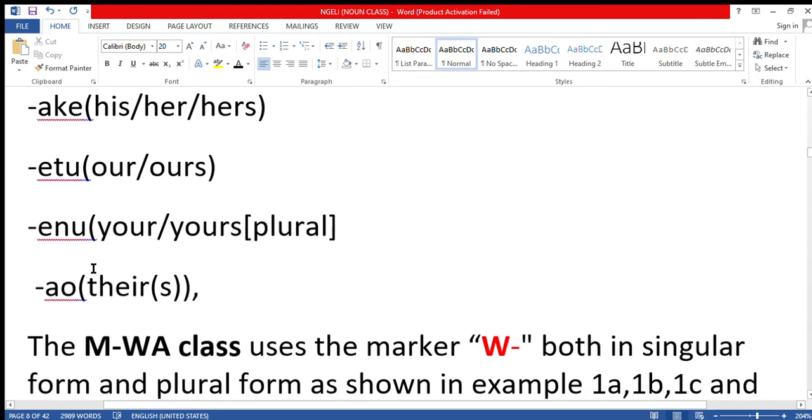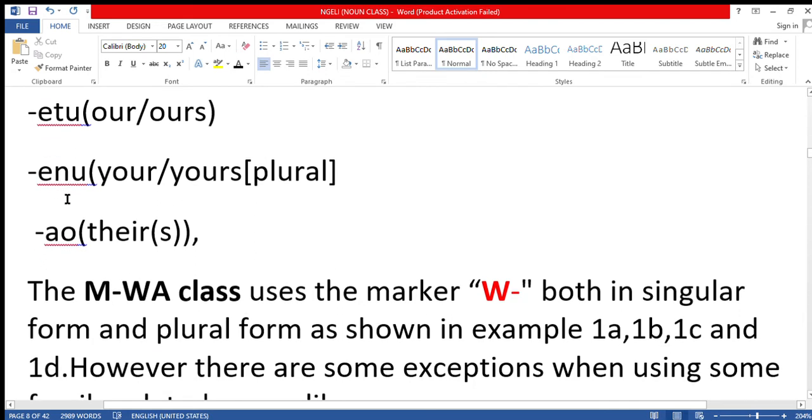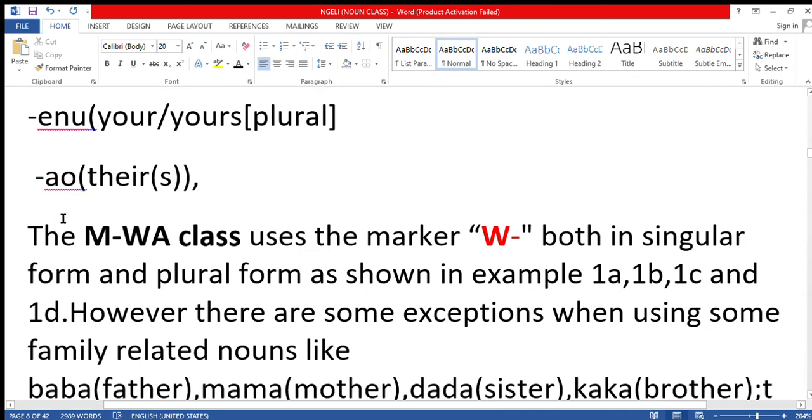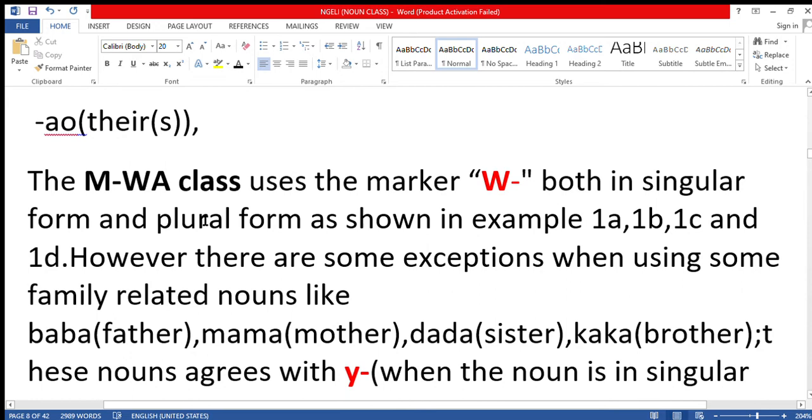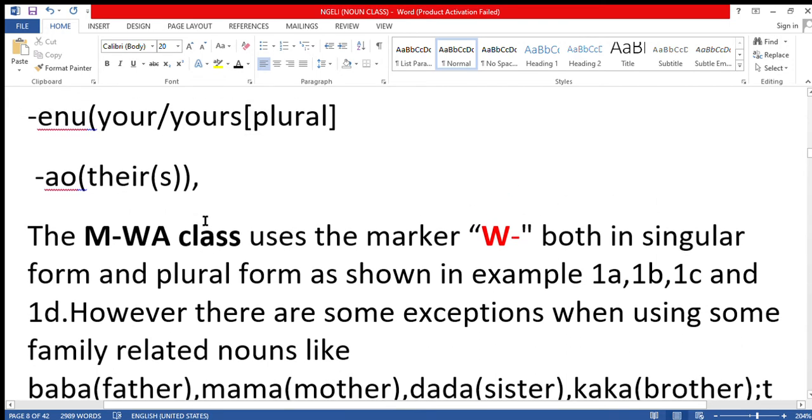So enu is your or yours. Then ao is their or theirs. So you cannot just say enu, etu, they feel incomplete. So you have to complete with the prefix. You add the prefix to make them complete. If you just say ao, it means that it is somehow incomplete. You see. Now let's see how the nouns in the category of mua agrees with this possessive to form complete possessives. Okay, we have this one.